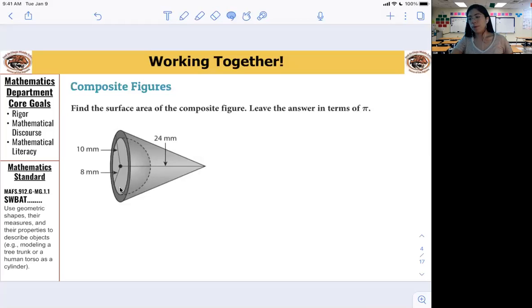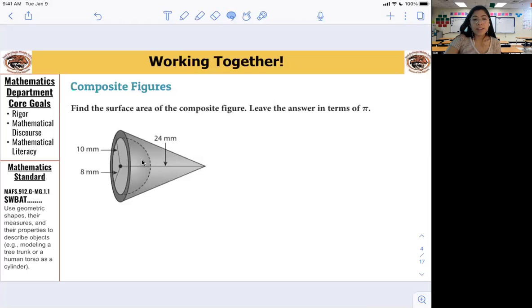Now think about this shape. Pretend you're holding it in your hand and you're going to wrap it with wrapping paper. When you're wrapping it, are you going to wrap this part of it? You don't think so? It is kind of like an inverted pregnancy. That's a weird way to think about it, but also not wrong.